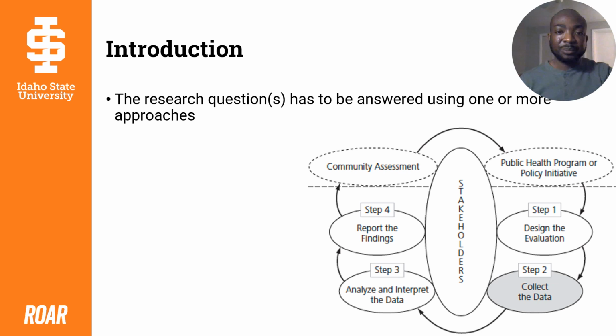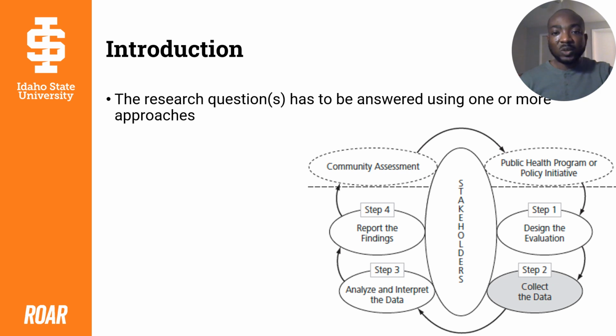So the second step of the participatory model for evaluation is to collect the data, as shown in this figure, which we have been using in this course. This and the next lecture focus on collecting and analyzing quantitative data to answer the research questions in either process or outcome evaluation.